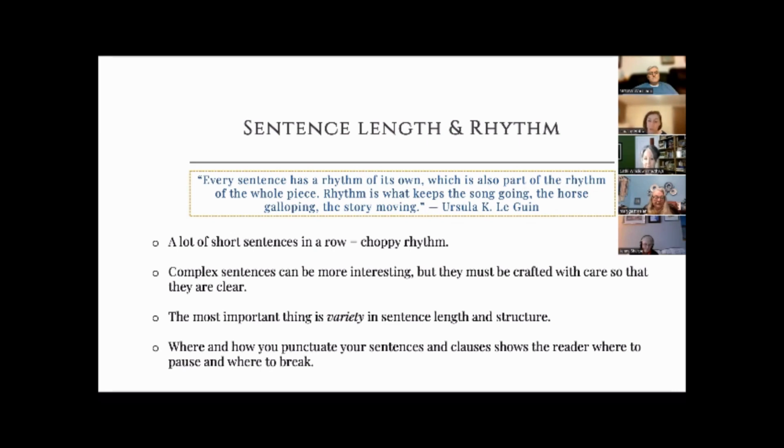Where you punctuate your sentences creates the points of pause and of impact for the reader. And as you all know, there's a plethora of punctuation to choose from out there. I am a really firm believer in turning off your computer's spell and grammar check while writing, if you write on a computer. Any glaring issues that come up with spelling or grammar can be corrected during the copy editing stage, so I wouldn't even worry.